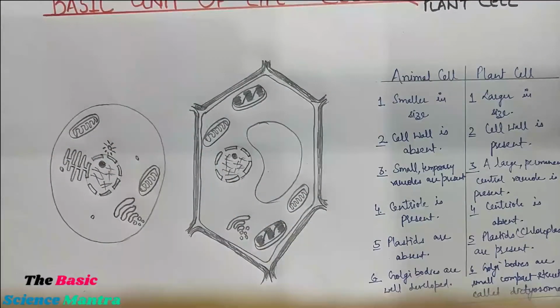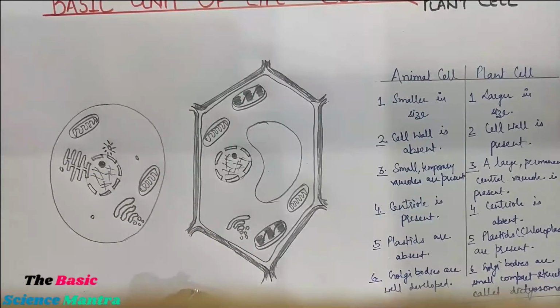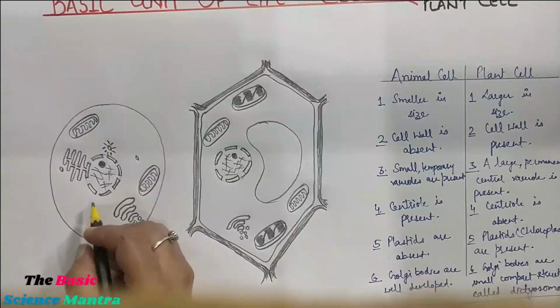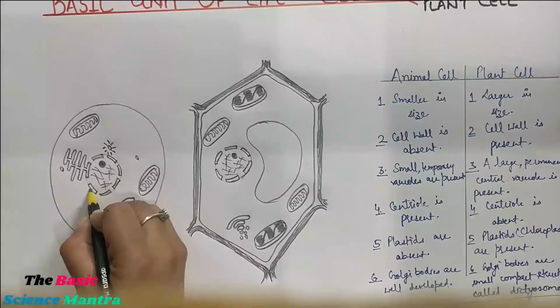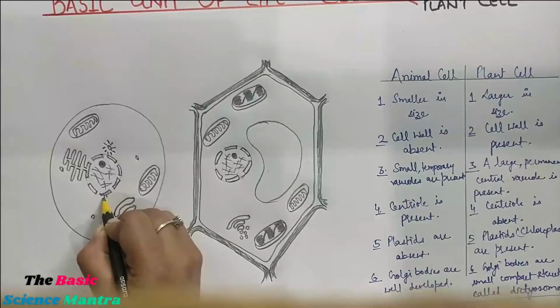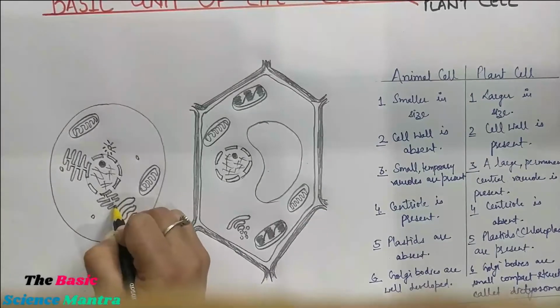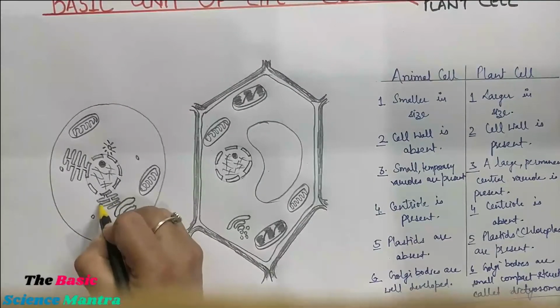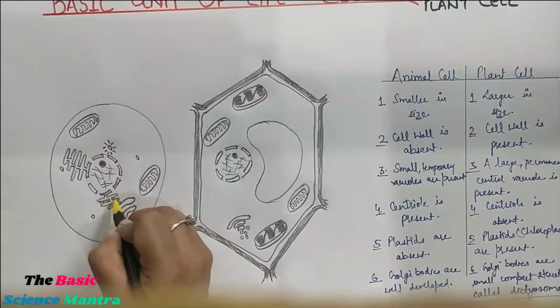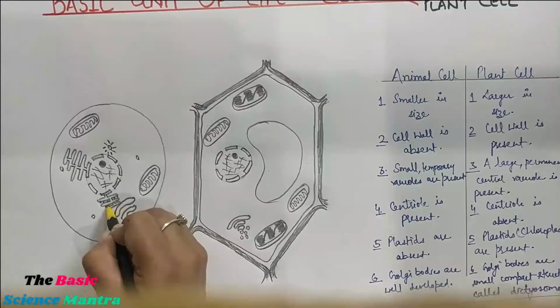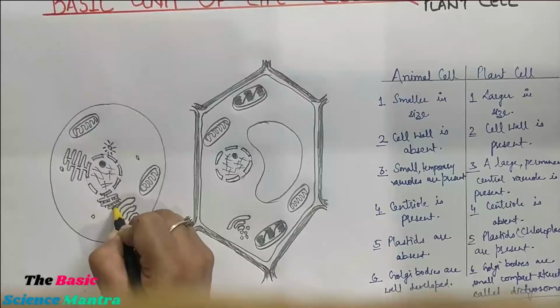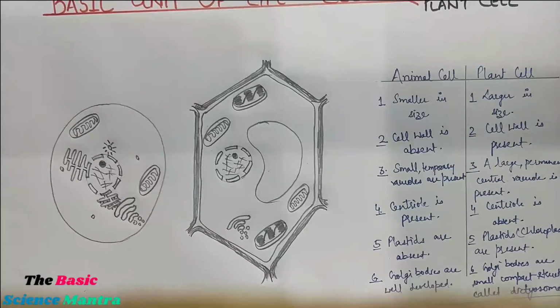This is smooth endoplasmic reticulum. Now I'll draw the rough endoplasmic reticulum. Stalk, disc, stalk, disc, stalk, disc. Now on the surface there is the presence of ribosomes and that's why it is called rough endoplasmic reticulum.